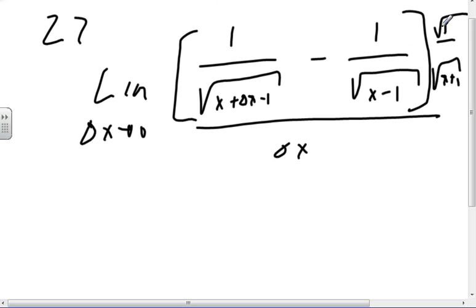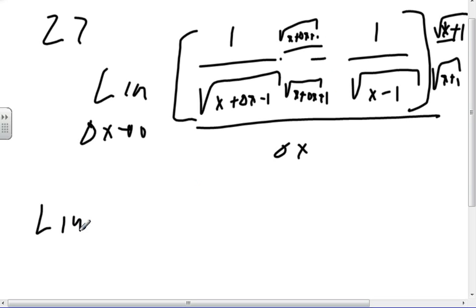Square root of x plus 1. And this guy, we're going to multiply top and bottom by the square root of x plus the square root of x plus 1. That's what we're going to do. Limit as delta x goes to 0.